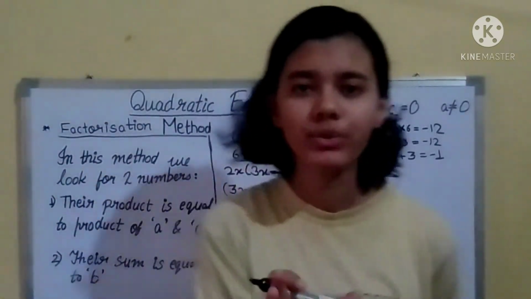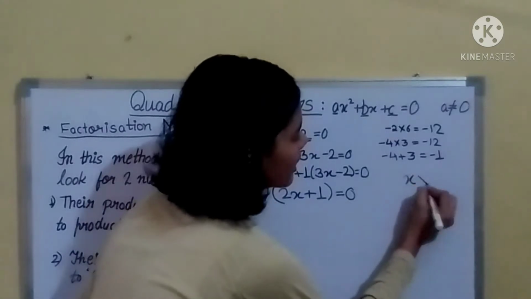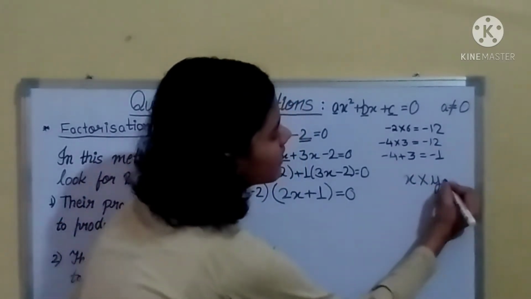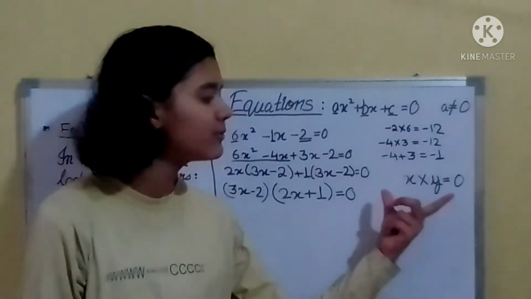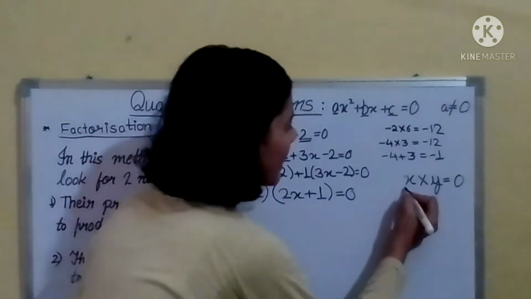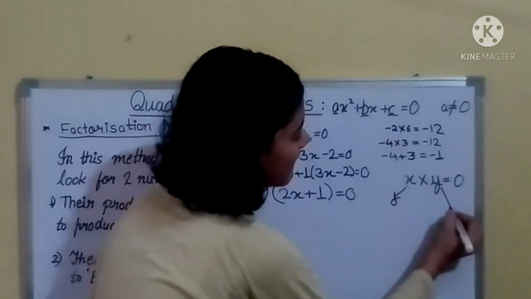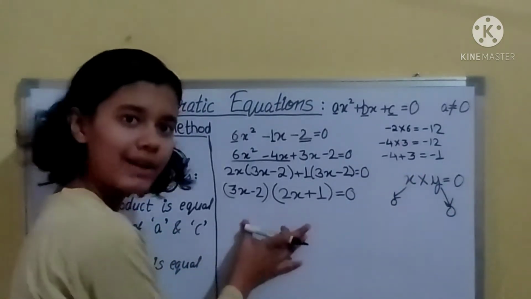Now in the product rule it is said that if the product of two numbers is 0, then either one number is 0 or both the numbers are 0. Okay, so by product rule only we will apply on this.